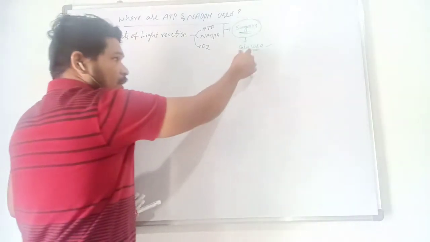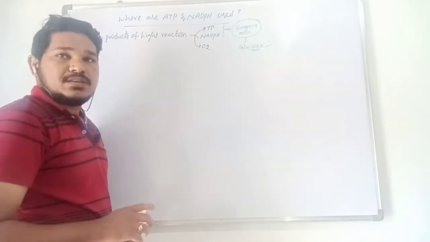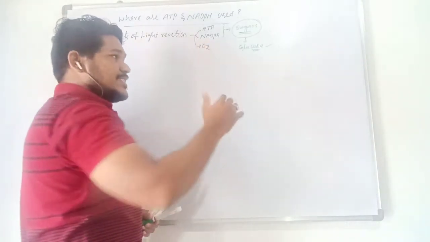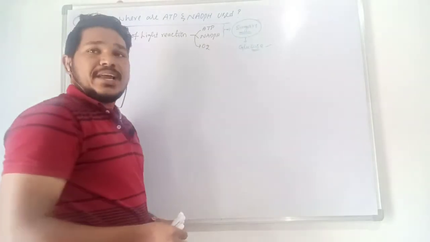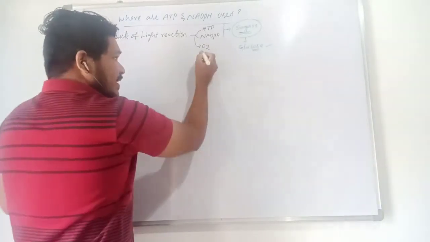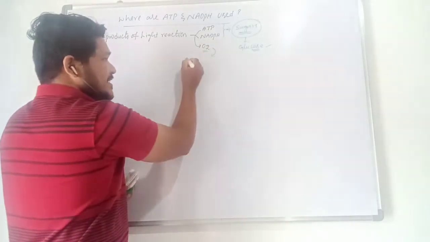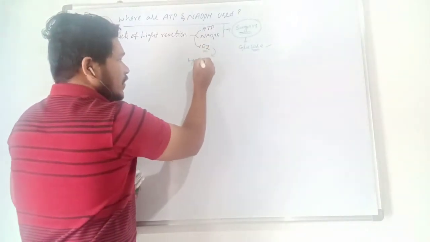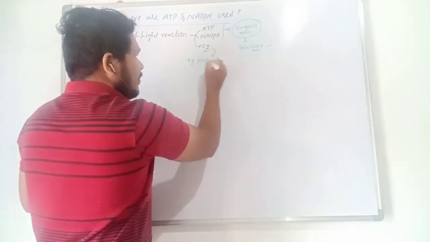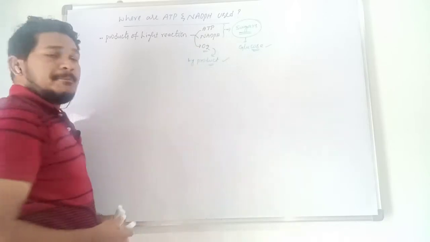All the glucose molecules are further stored as starch. Starch is a polysaccharide and a stored food material in plants. The oxygen molecule comes out from the chloroplast as a byproduct.